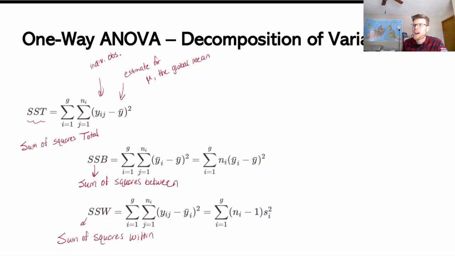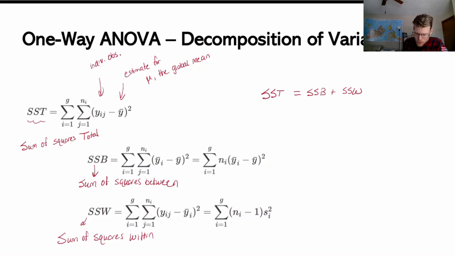While we're not going to mathematically show why this is true, you can look at it and figure it out if you wanted to. This is something I remember doing in grad school as an exercise. The sum of squares total is going to be the sum of your sum of squares between and your sum of squares within. These two terms make up your entire total variance.